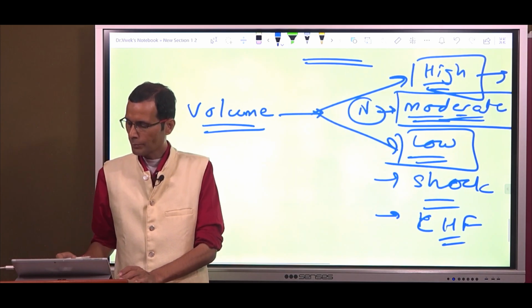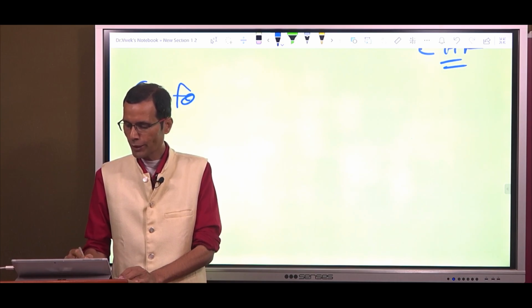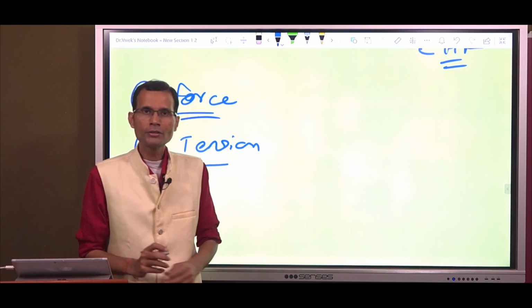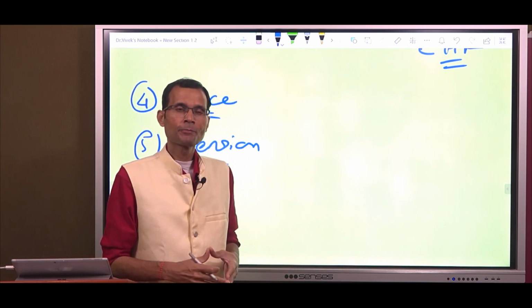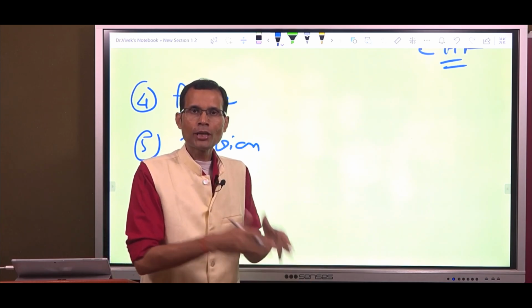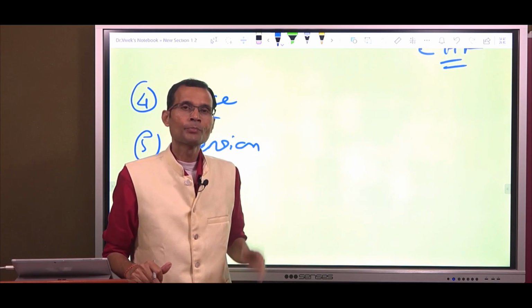Then force and tension. We generally club the force and the tension together, because, as you know and as we will discuss in blood pressure, there are two types of blood pressure, the systolic blood pressure and the diastolic blood pressure.